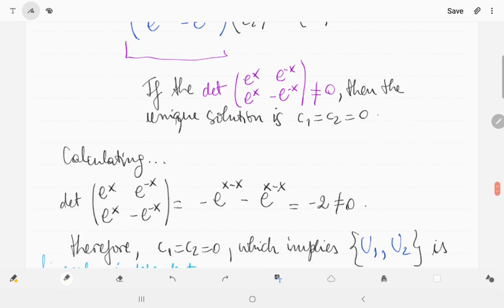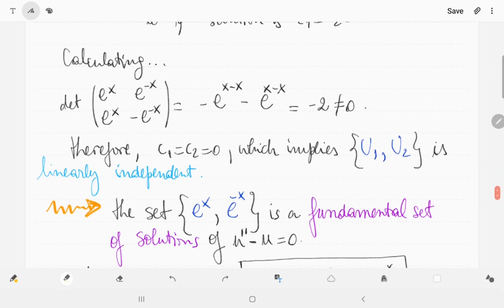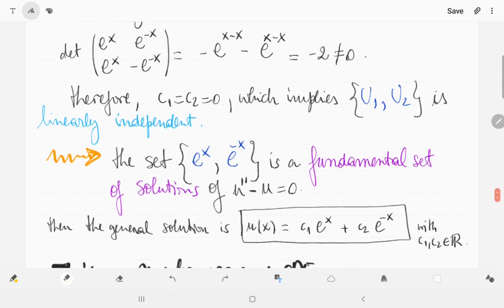So, calculating this determinant, remember that it is this one times this one minus this one times this one. Doing that computation, we get minus 2, which is not equal to 0. Then the unique solution is what we want, the constants equal to 0.